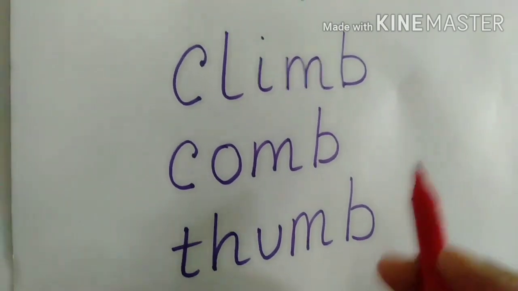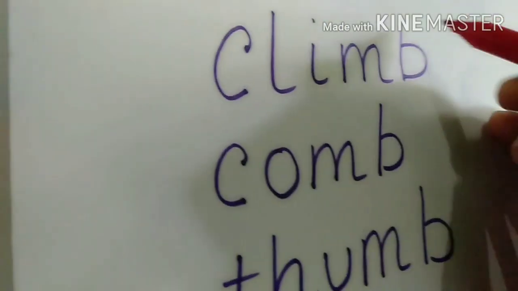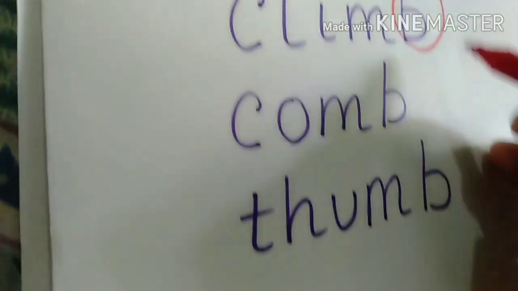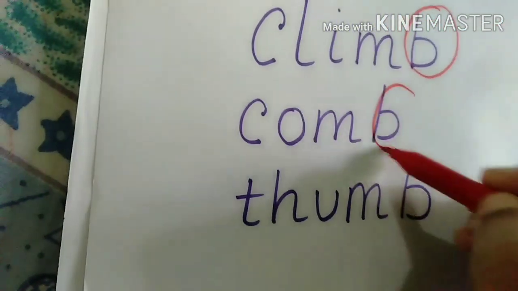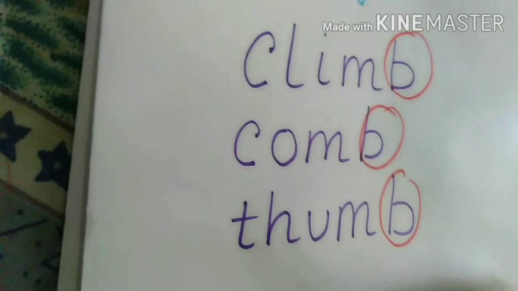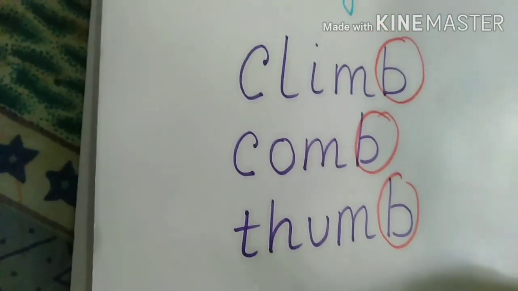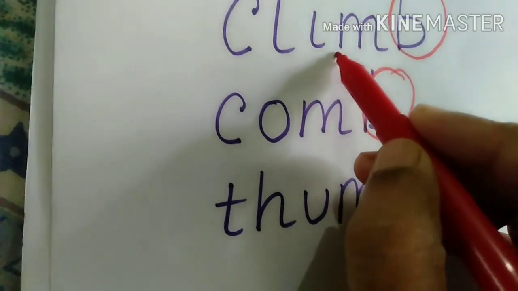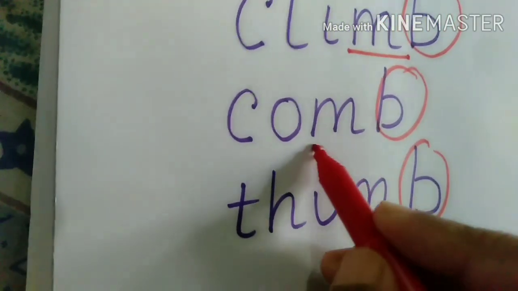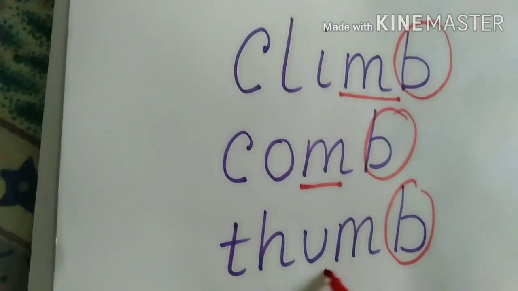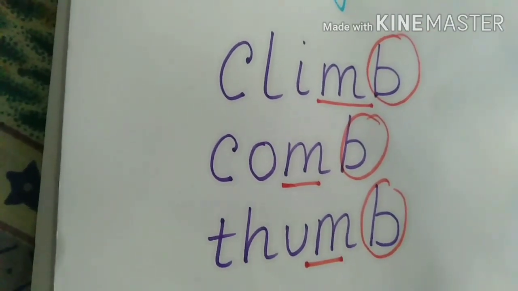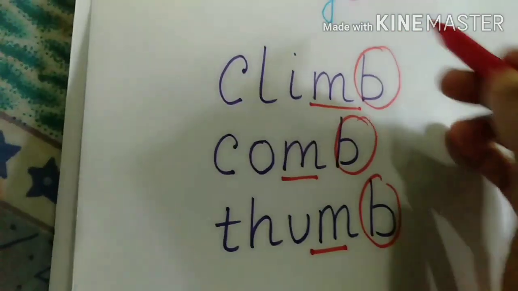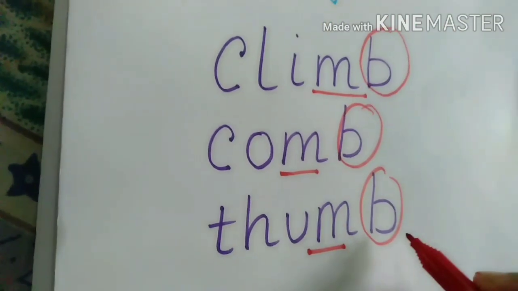So, in all these cases, I am not pronouncing the letter B. And here also, if you notice carefully, this silent letter is sitting after the consonant M in all these cases. So, we have learnt about the silent letter U and B.